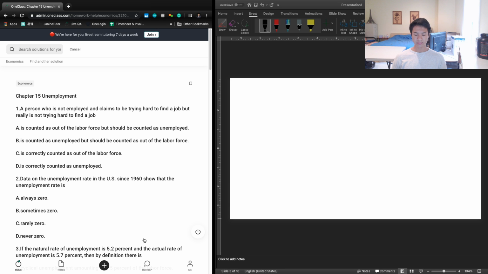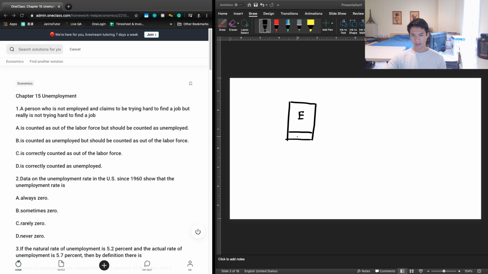And so this goes into the distinction between unemployed versus employed and labor force versus not in the labor force. So the way we can think of this is that within a certain population, we have the employed, let's say, and the unemployed, and then this is the labor force, and then we have another segment of the population which is excluded from the labor force, so not in the labor force.